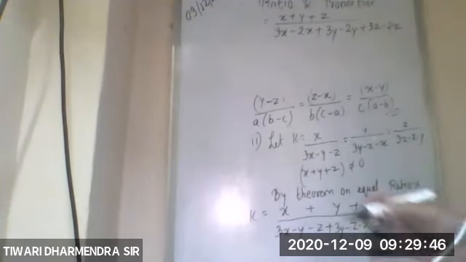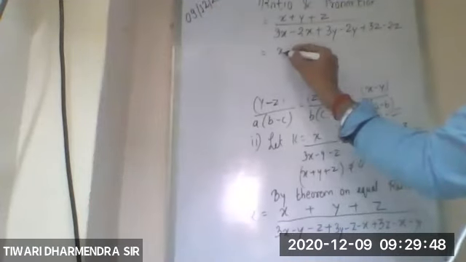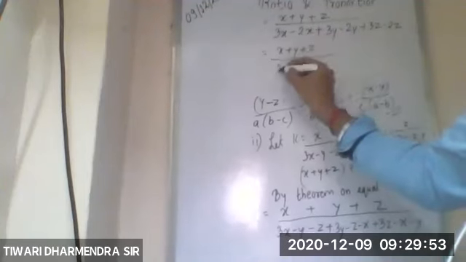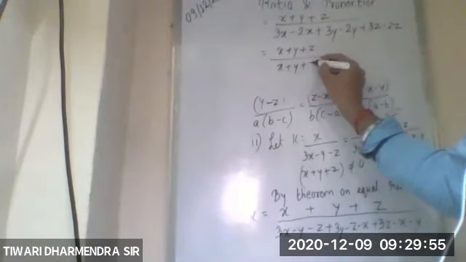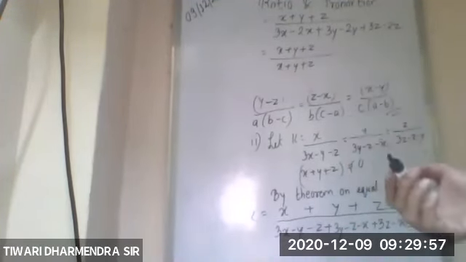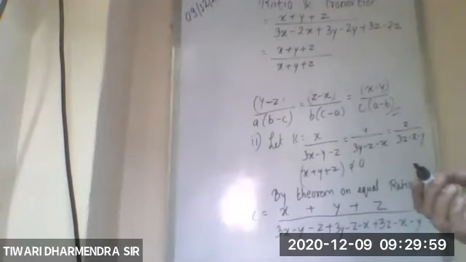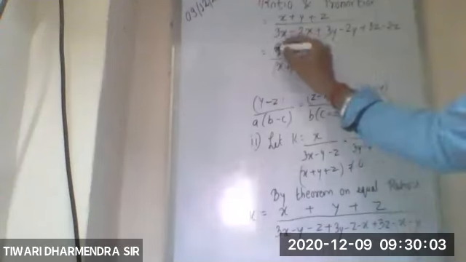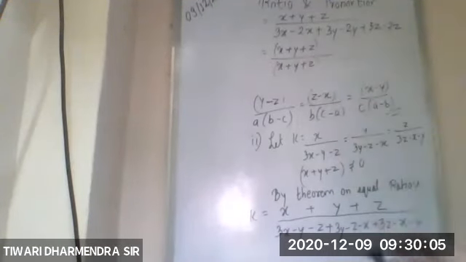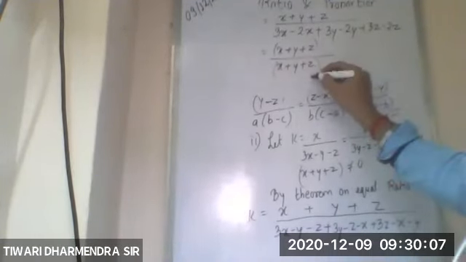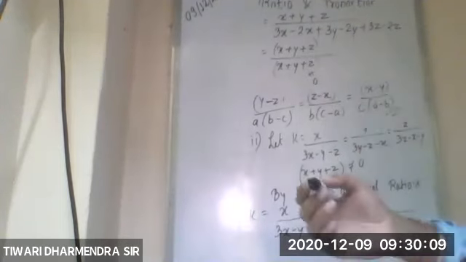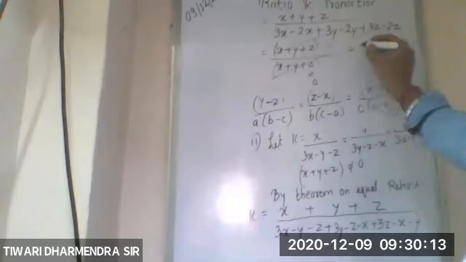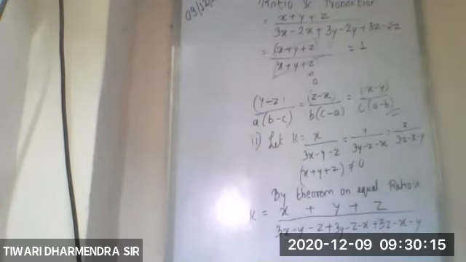Hope you understood this. x plus y plus z divided by x plus y plus z. 3x minus 2x is x, 3y minus 2y is y, 3z minus 2z is z. So now you can see, we have x plus y plus z, which is not equal to 0, and hence we can divide it. Cancelling them, we get each ratio equal to 1.